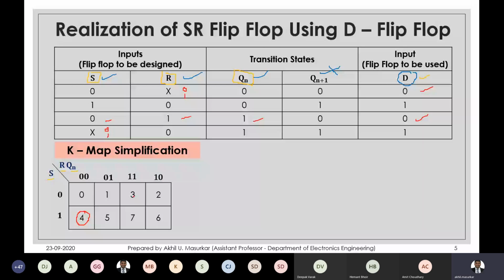So that value is also going to be 0. Now, next is 0, 0, 1. 0, 0, 1 is 1 itself and the value is 1. And 1, 0, 1. 1, 0, 1 is 5. That value is also 1.